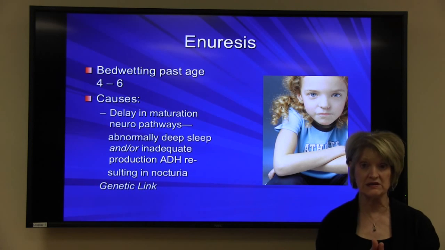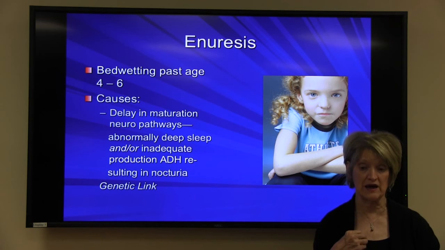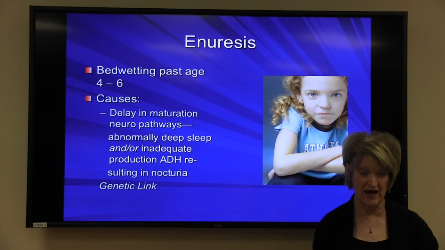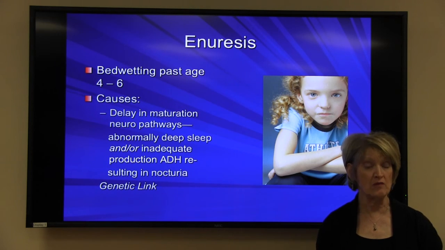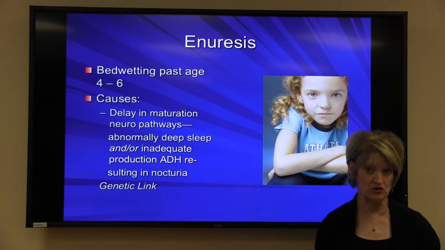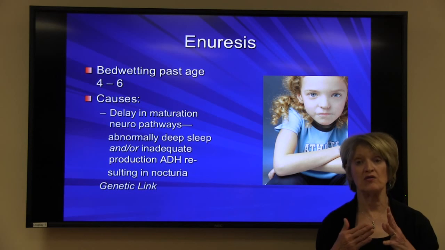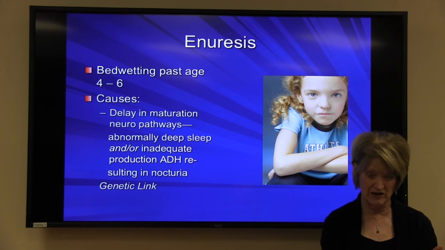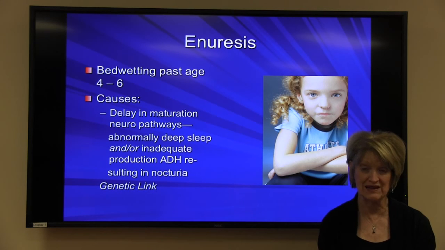And there's evidence that some of the pathways that control nighttime waking in response to a full bladder do not mature as quickly in children with enuresis. So this delay in neurologic pathway maturation can cause abnormally deep sleep and failure to wake in response to a full bladder.